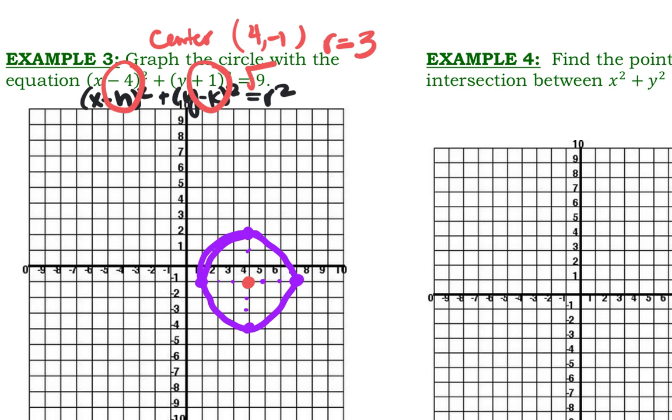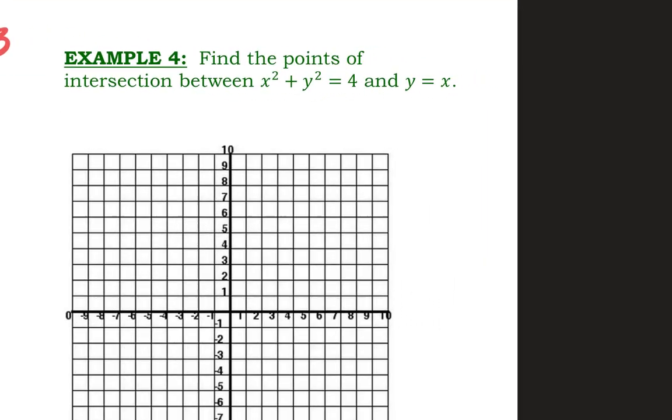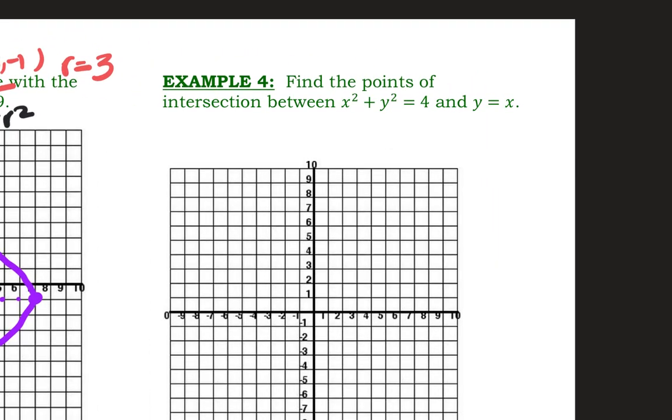Now on the next one, your practice won't be like this, but I do want to just kind of show you guys. Next one says, find the point of intersection between x squared plus y squared equals 4. What would the center be? This is supposed to be x minus h squared, and then y minus k squared, and that's supposed to be r squared.